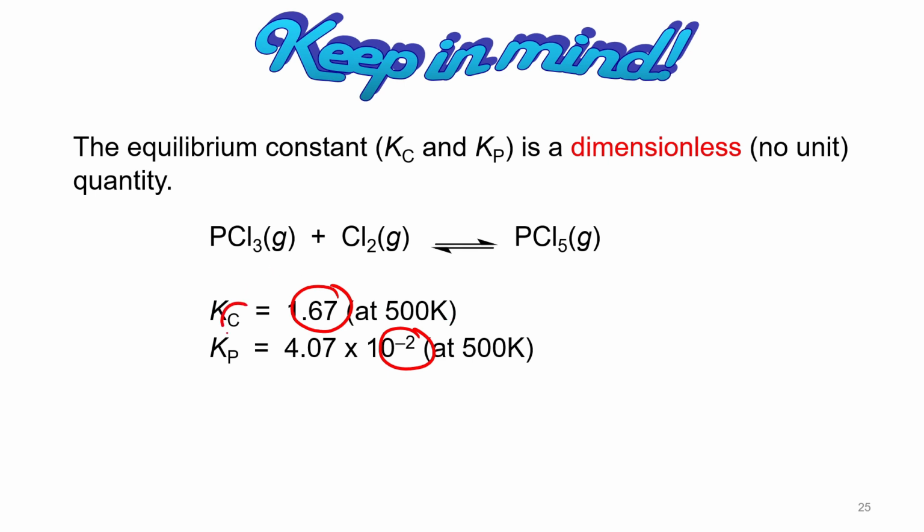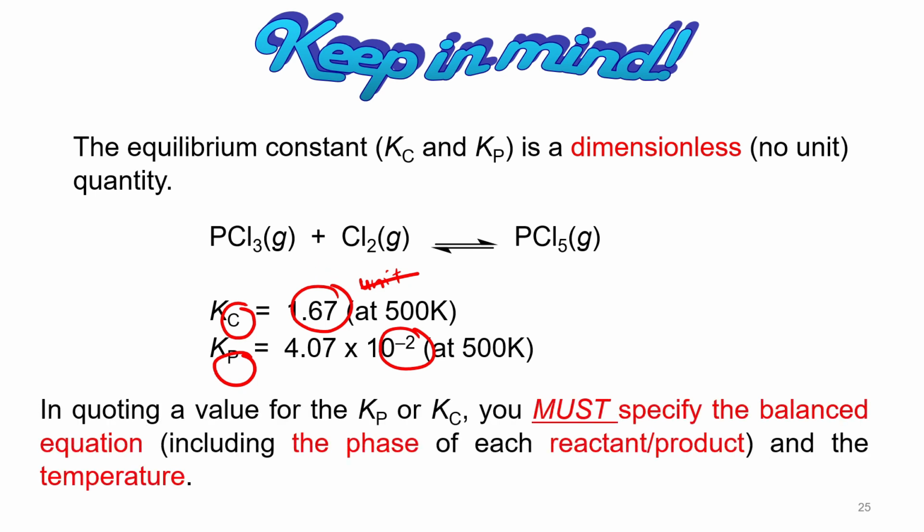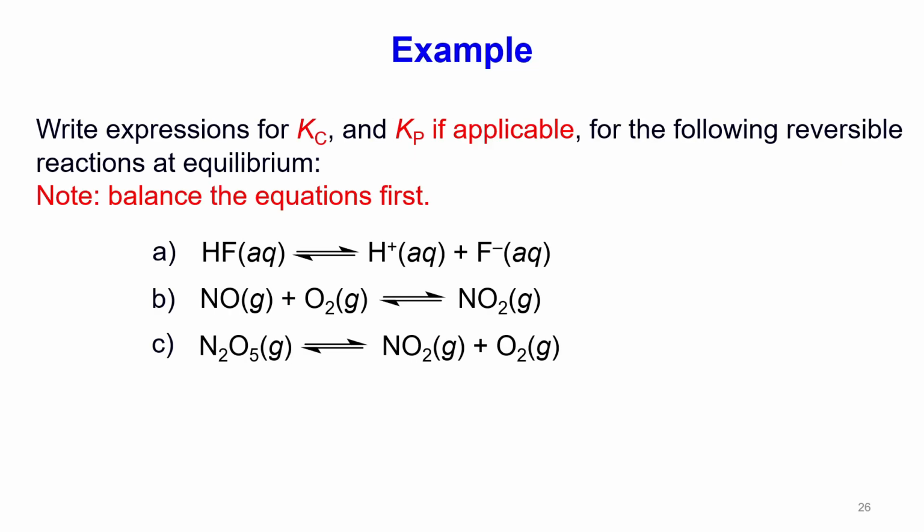So this one nilai Kc, this one is nilai Kp. So unit dia tiada. Unit is dimensionless. So in quoting a value for the Kp and Kc, you must specify the balance equation, including the phase for each reactant and product and the temperature. So these are the example.